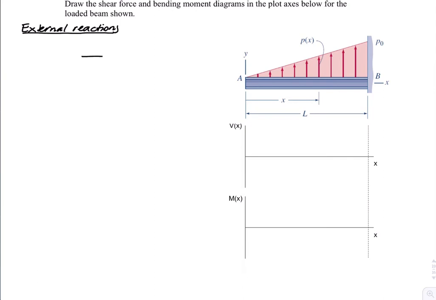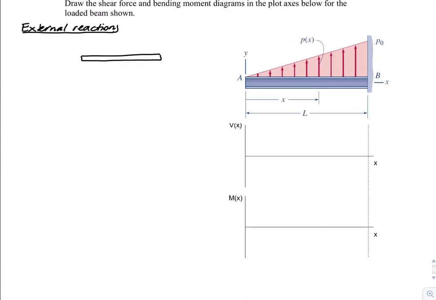If I look at what's happening on this beam, we have the line load. We know it has a resultant force there, P. It has a distance of D. On the right hand side, we have a shear force, which is going to be By, and the wall is going to be putting a bending moment there of MB.